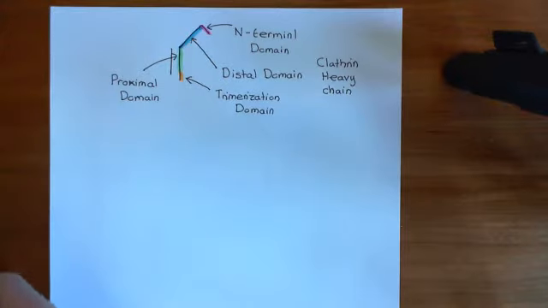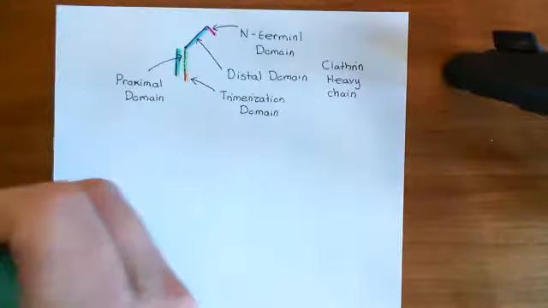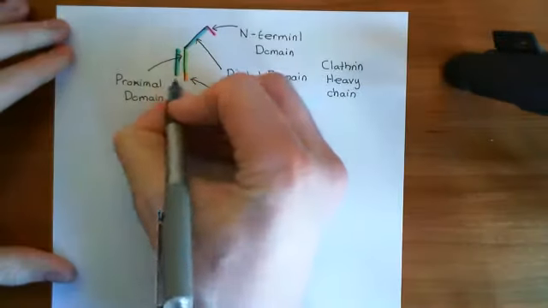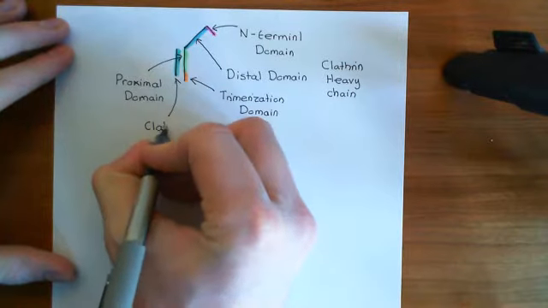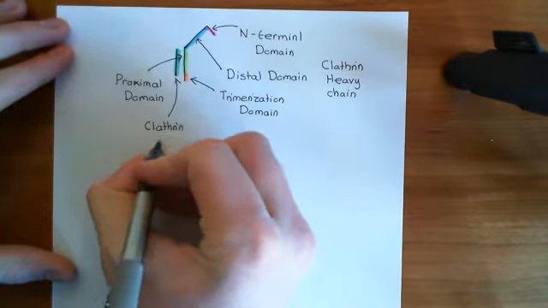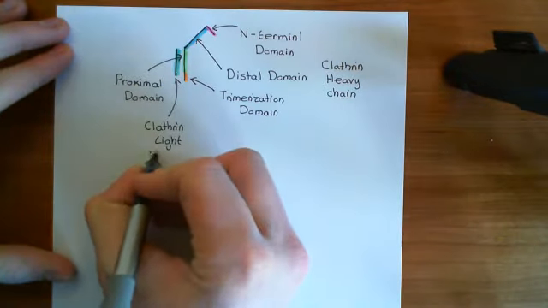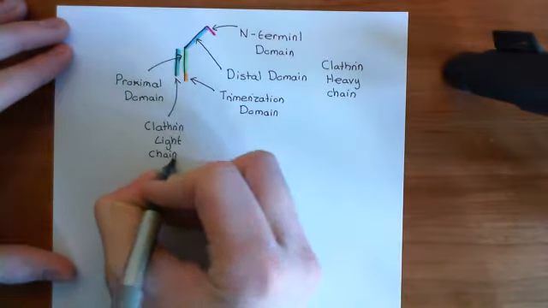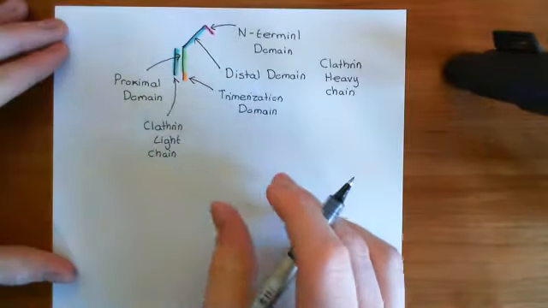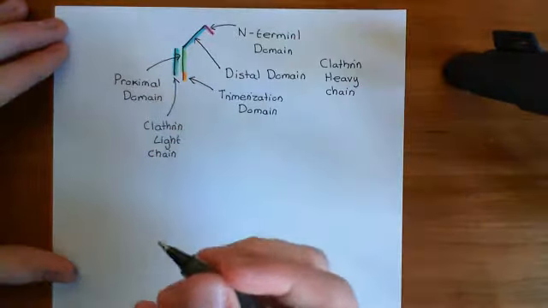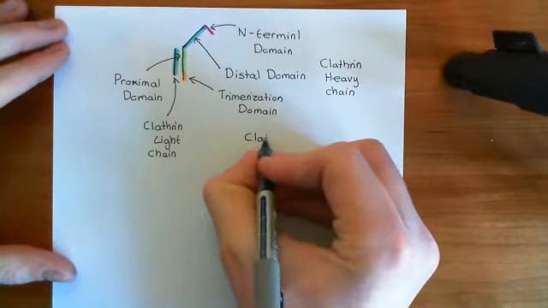In turquoise, this little protein sitting alongside the clathrin heavy chain represents the clathrin light chain. The full thing, a clathrin heavy chain with a clathrin light chain bound to it, is a clathrin molecule. We're going to stick 3 of these together to make the normal form that clathrin exists in within the cell, which is a clathrin triskelion.